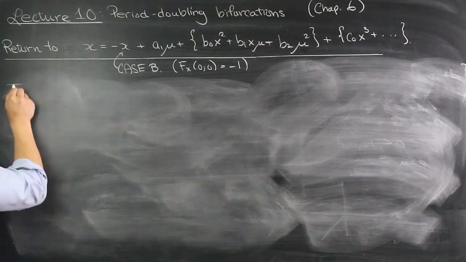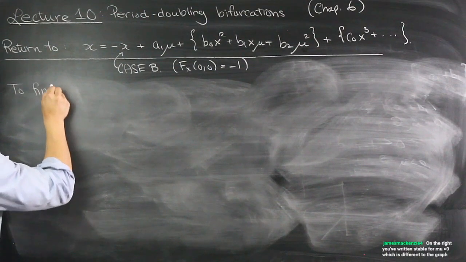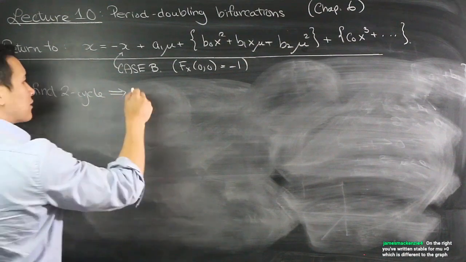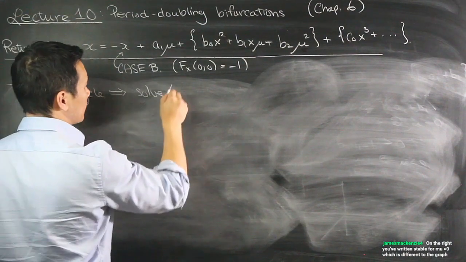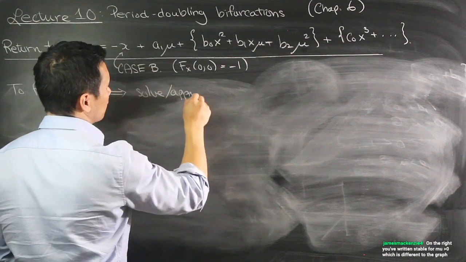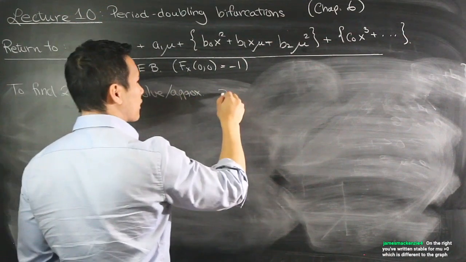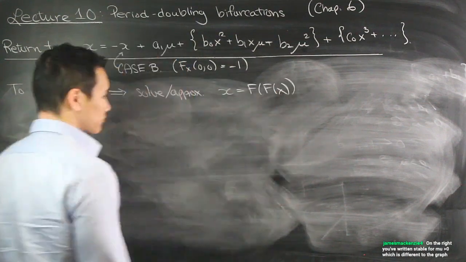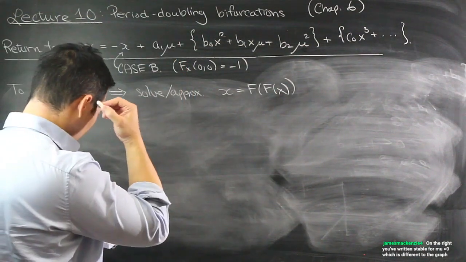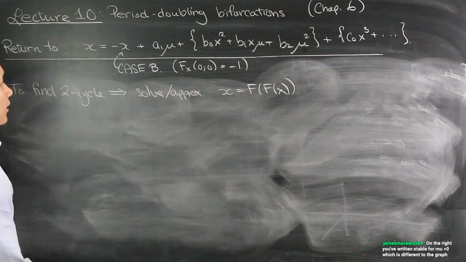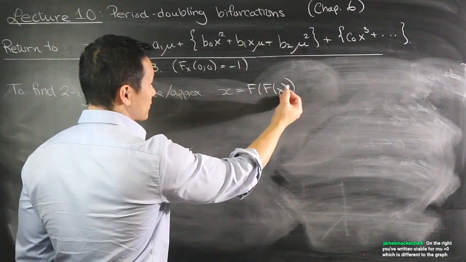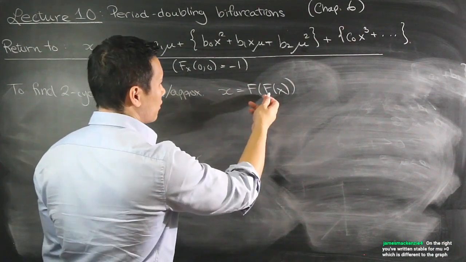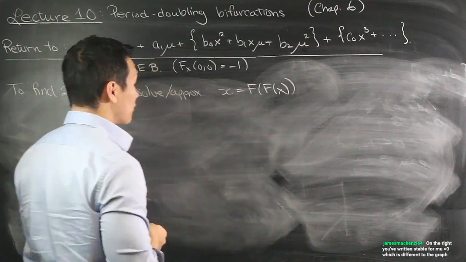Okay, so how do I find the 2-cycle? You want to solve or approximate x equal to f of f of x. Now, since x is assumed to be near 0, then you can series expand the inner, and then you series expand the outer.